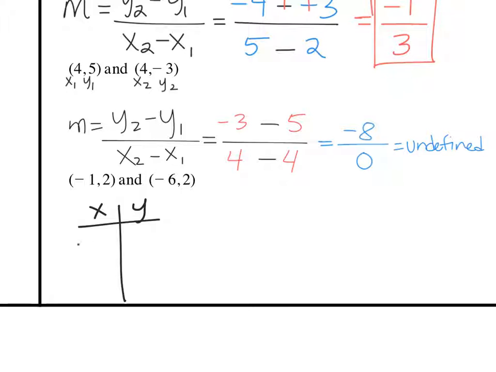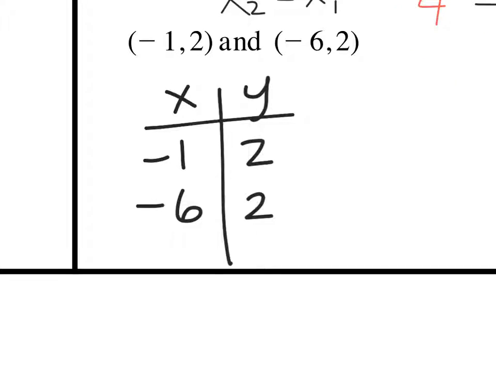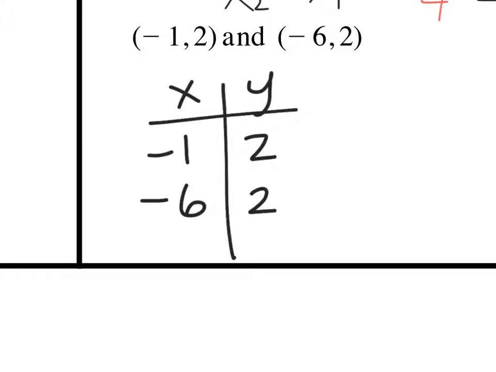So it'll be -1, 2, -6, 2. Guys, how is it changing, adding or subtracting from 2 to 2? So what do we say? Plus 0.